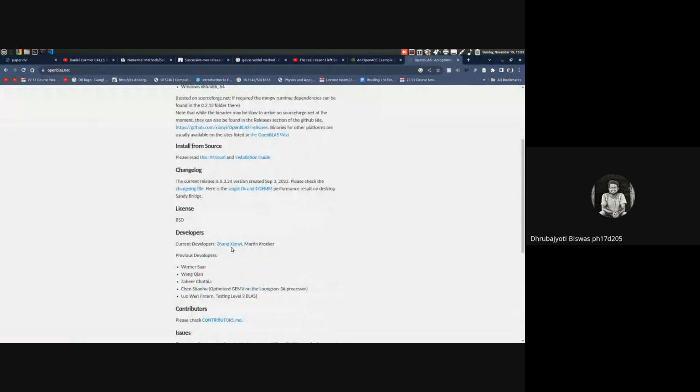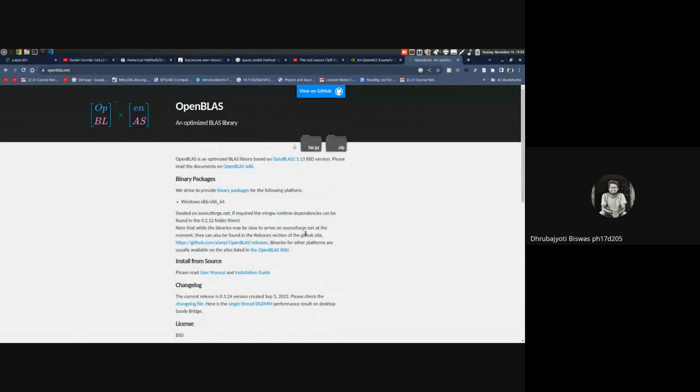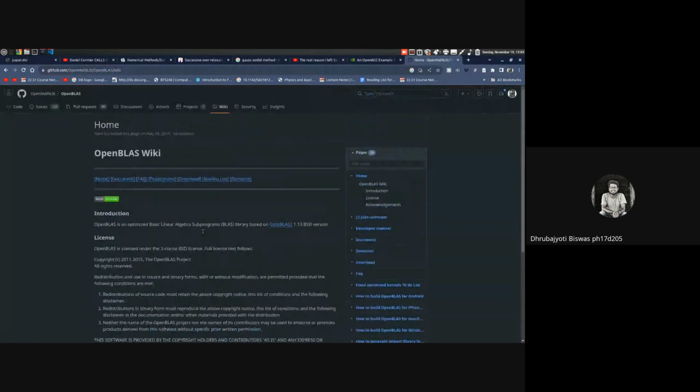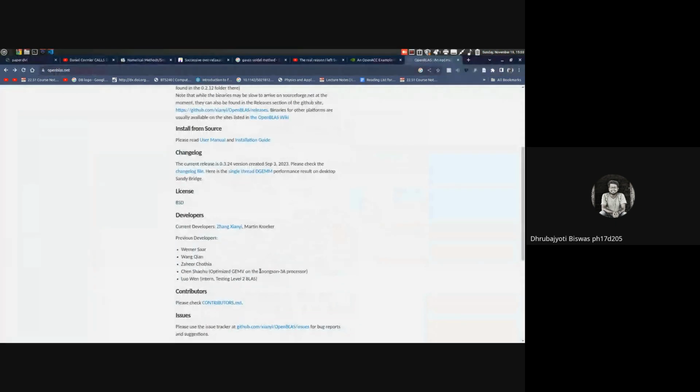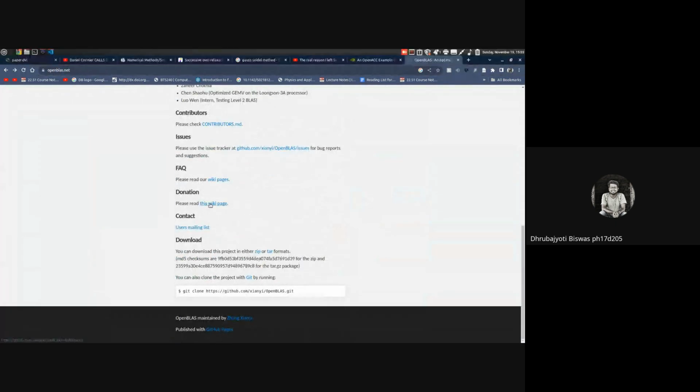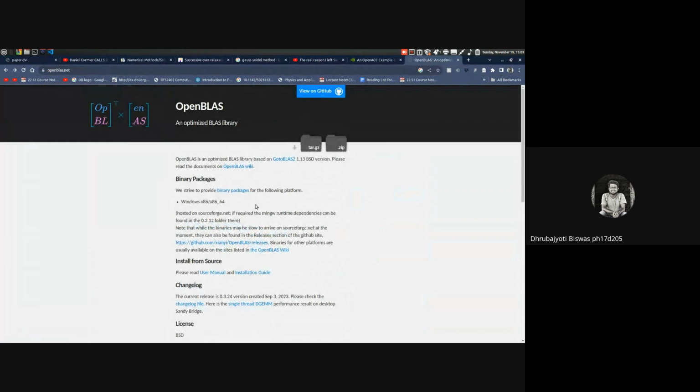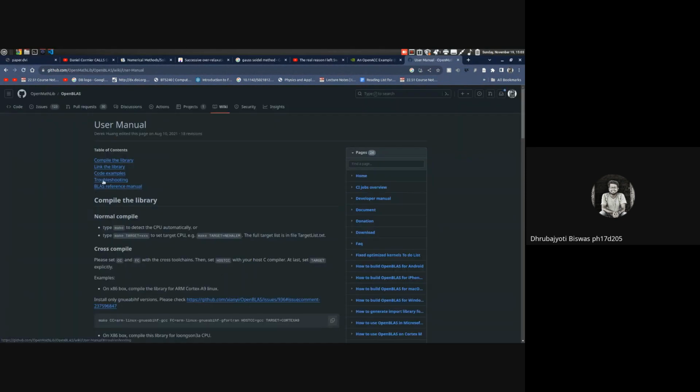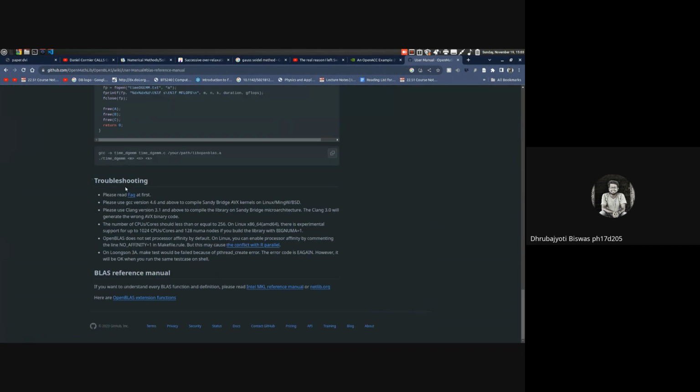So you can install OpenBLAS and directly use the functions, because these are very optimized functions, and you can be sure that they will be faster than whatever you are able to write.